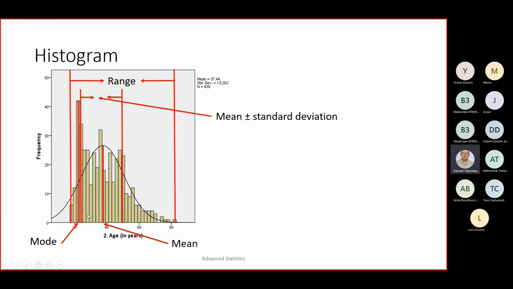The greatest number of persons are here. Of course, outside the interval also there are persons, but their number is smaller, and accordingly their percent is also smaller.